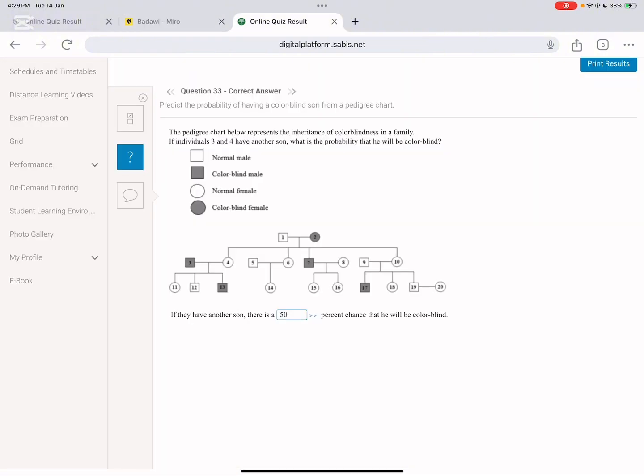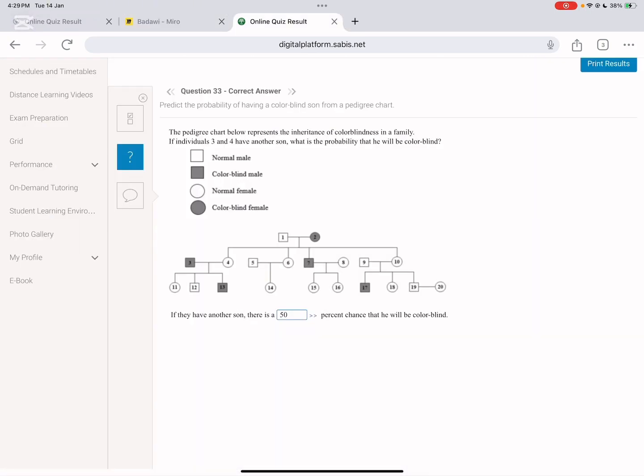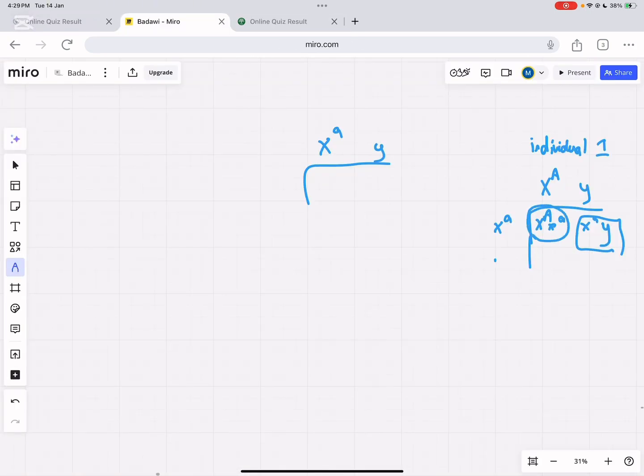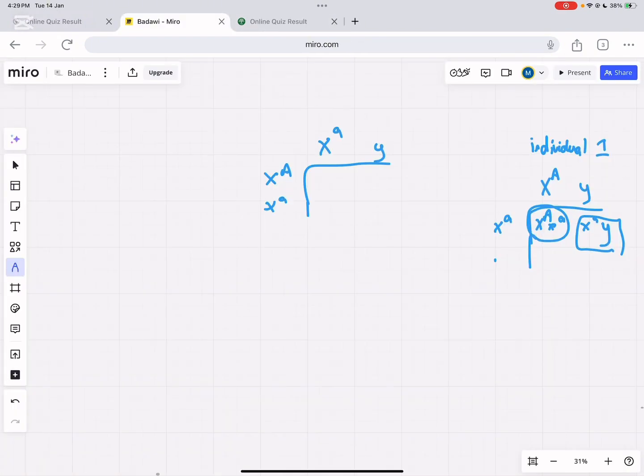And that's exactly what we got. Individual 3 is the colorblind male. Individual 4 is a carrier, X capital A and X small a, so these are the gametes she can give. Now they ask us if they have another son. So I don't care about the daughters because I'm just looking at the sons.